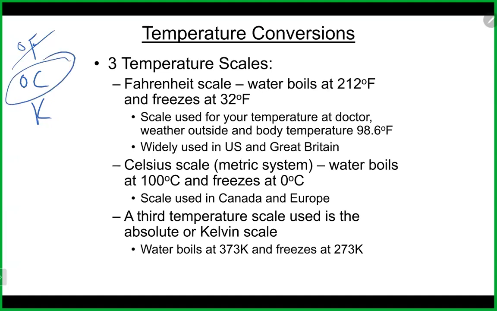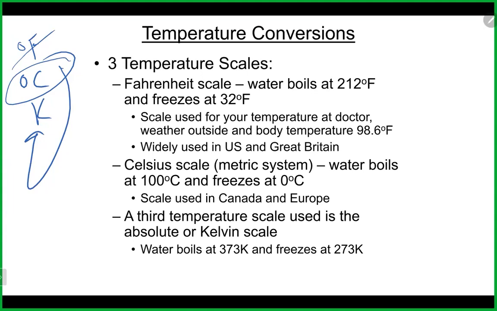And for 99%, maybe even more, of chemistry formulas and equations, the Celsius has to be converted to Kelvin. So if you're doing any chemistry calculation involving temperature, the first thing you should probably do is convert it into Kelvin, because pretty much every equation requires it.